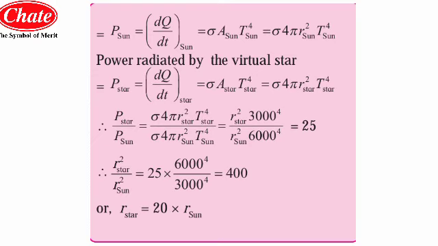So we simply cancel the similar terms, and then we get the value 25. So r square of star upon r square of sun is equal to 400. So the radius of the star is equal to 20 times the radius of sun.